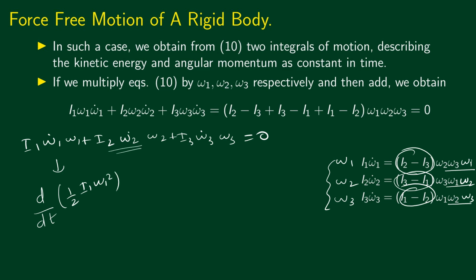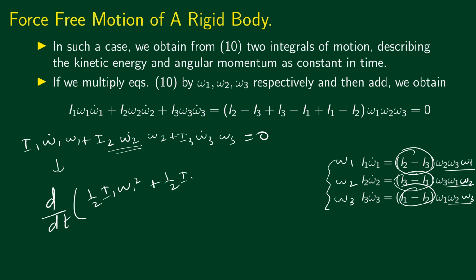Similarly, the second term here is the time derivative of half I2 omega 2 squared, and the third term here is the time derivative of half I3 omega 3 squared, which means that this equation can be written as d by dt of (half I1 omega 1 squared plus half I2 omega 2 squared plus half I3 omega 3 squared) is equal to 0. So this equation says that the time derivative of something is equal to 0. We have identified a constant of motion.